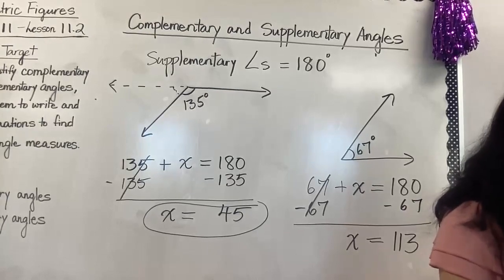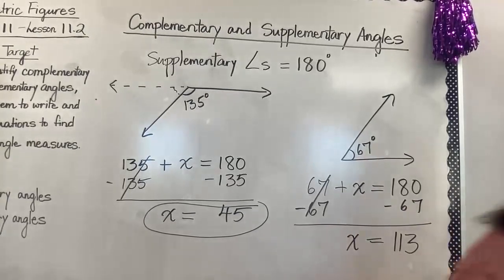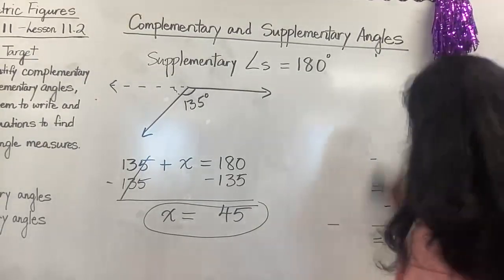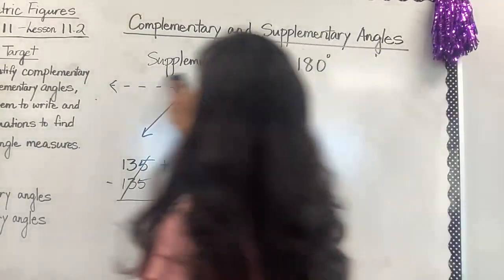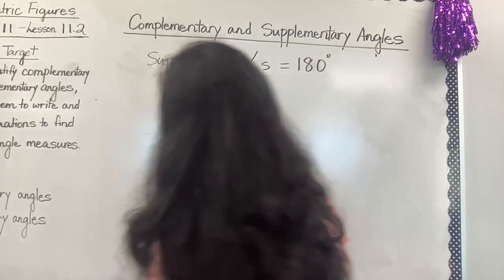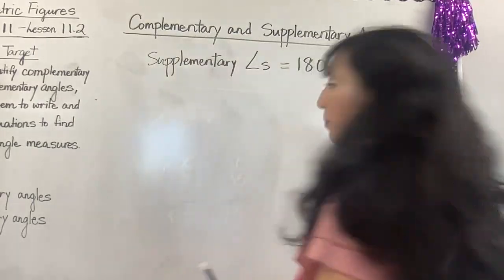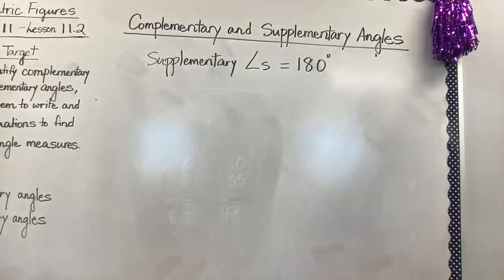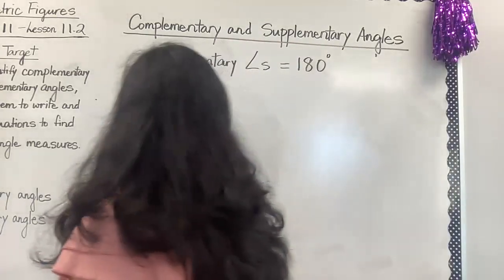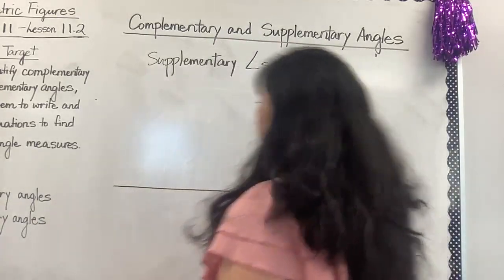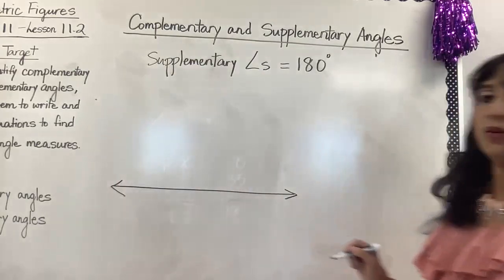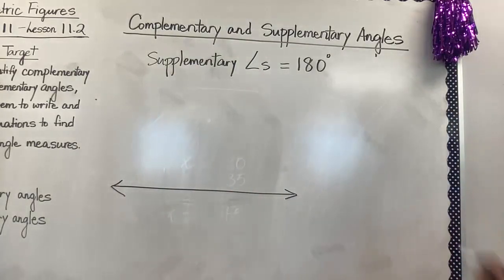Okay, so let's say I give you, and this is like how we had done just now for complementary, the same thing we are going to do for supplementary now. So if I give you something like this, okay, and I know a straight line is definitely 180 degrees, right?